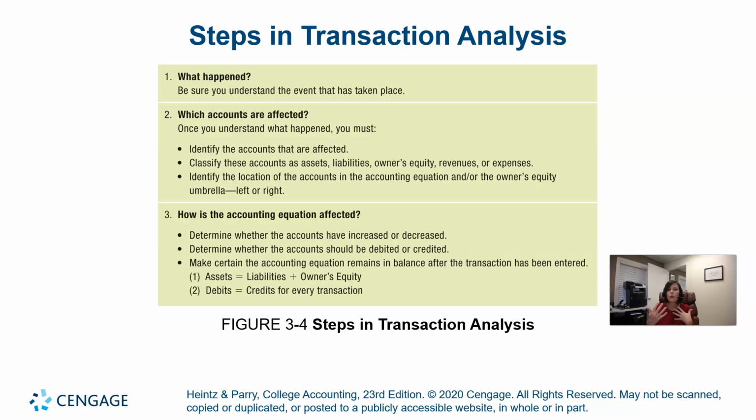And so once you're clear in your own mind what happened, you then start to say, okay, what accounts were impacted by this transaction? And we must always have at least two. You might even have more than that, but you will have no less than two accounts that are impacted by every transaction.